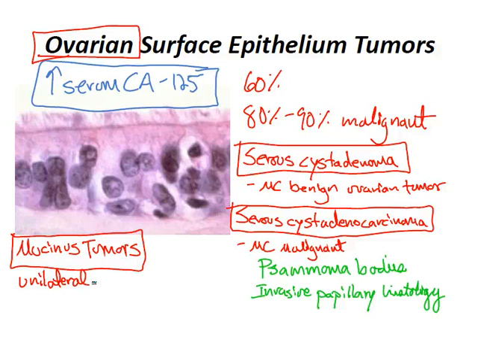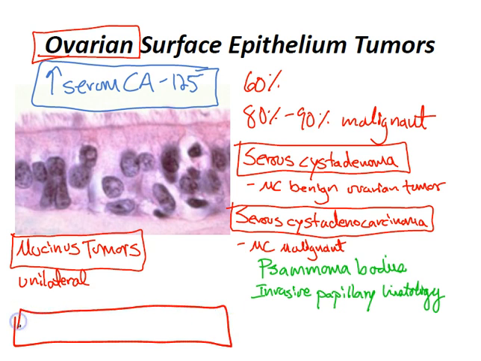But the thing I want you to remember is the mucinous cystadenocarcinoma. It can rupture and produce something called a pseudomyxoma peritonei, which is a copious mucinous ascites and peritoneal mucinous tumors.